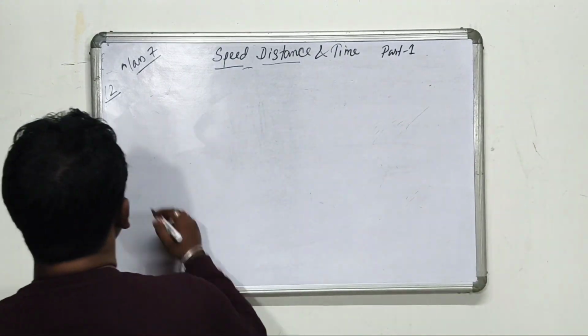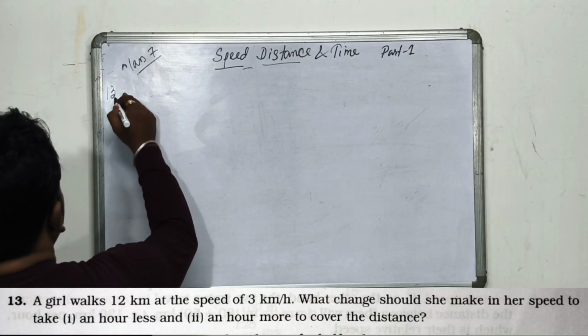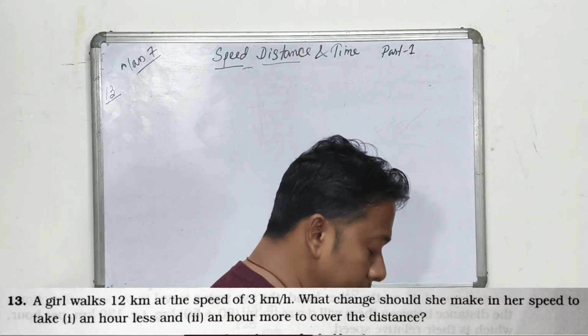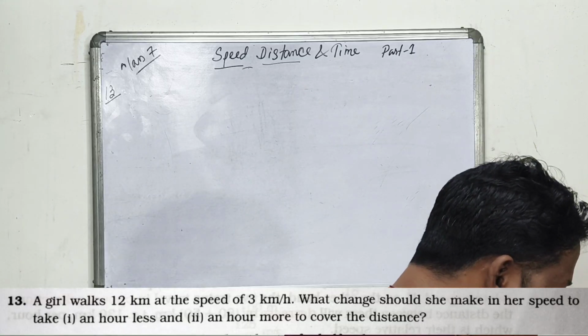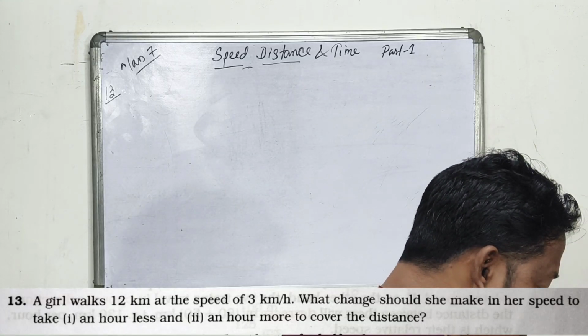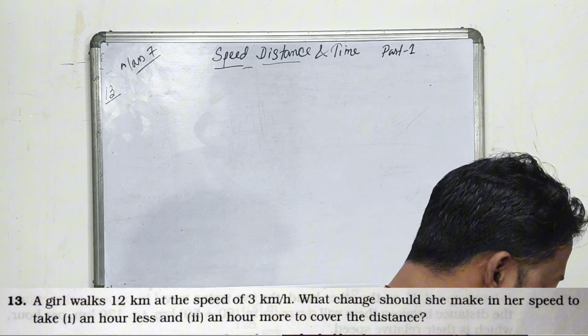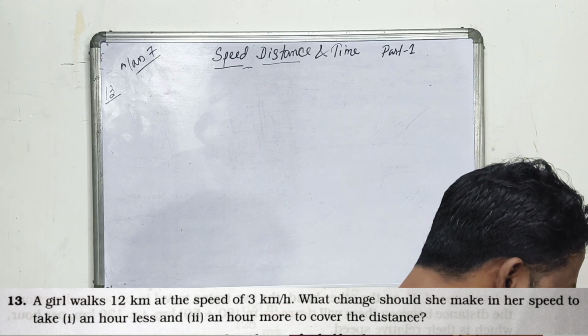Question number 13. A girl walked 12 km at a speed of 3 km per hour. What change should she make in her speed to take an hour less and an hour more to cover the distance?